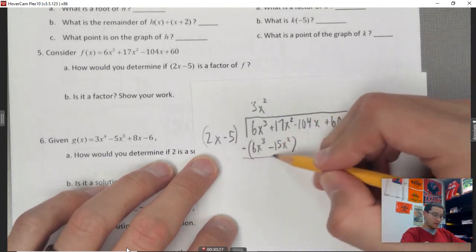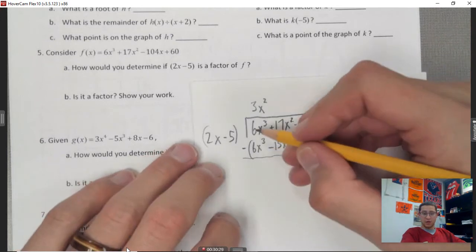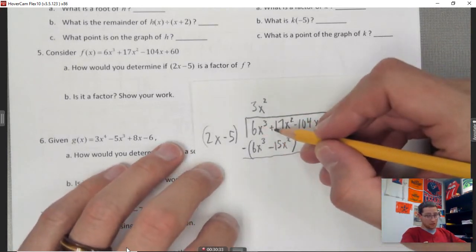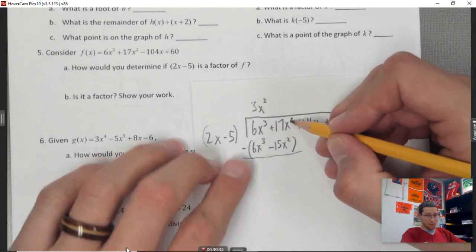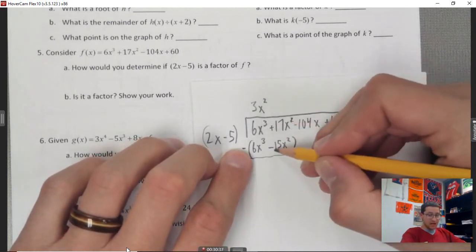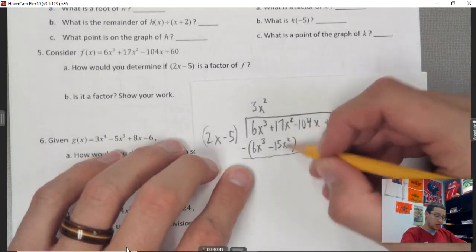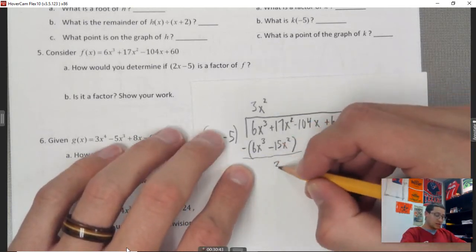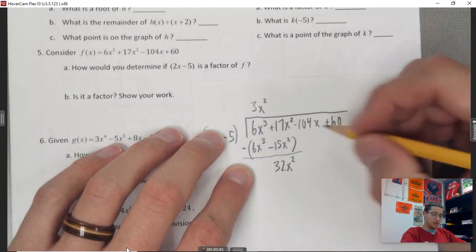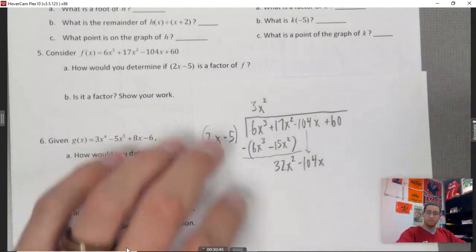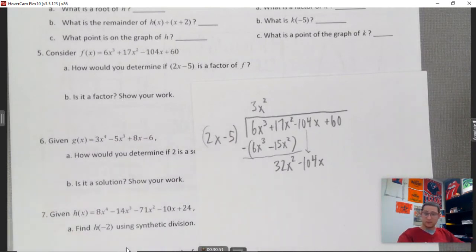Okay, so I'm going to have a little answer here. This minus this, that's 0. We've got to slow down here. This is plus 17x squared minus a negative 15x squared, so this is actually like 17x squared plus 15, so this is 32x squared. And I'm going to bring down my next term. Same process now.